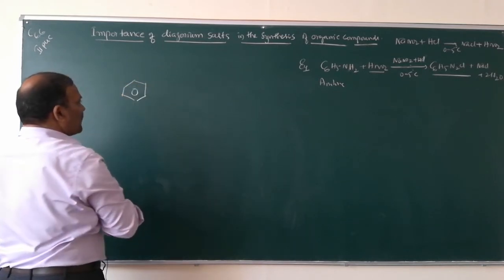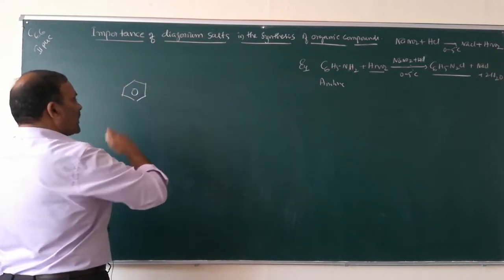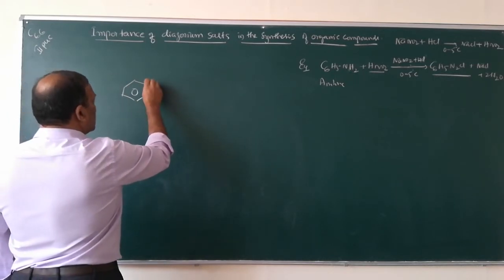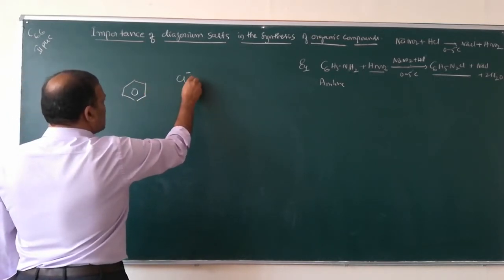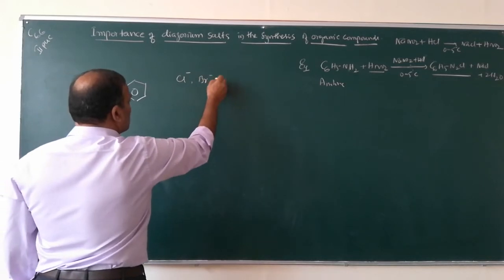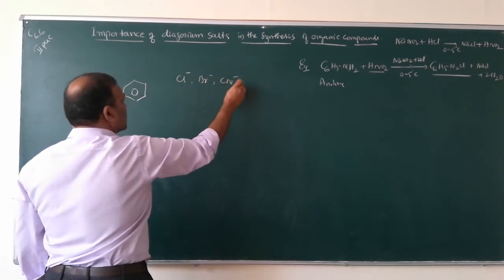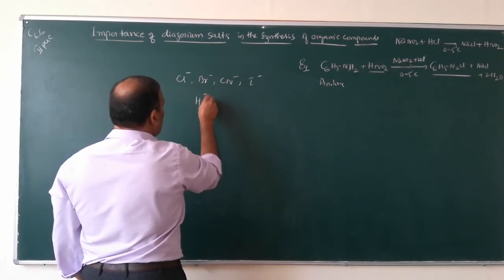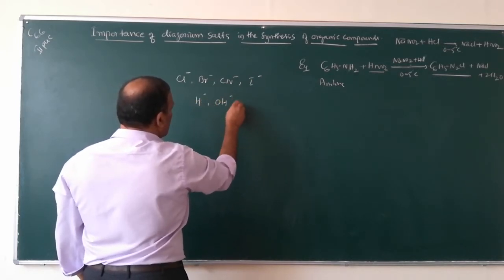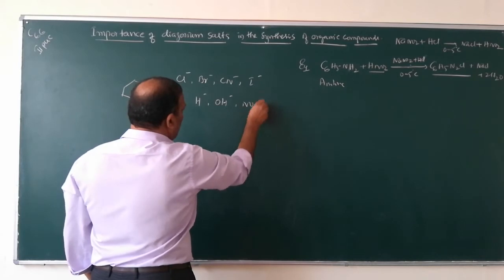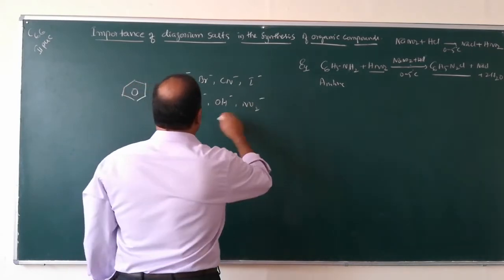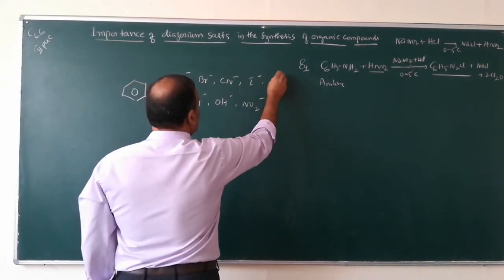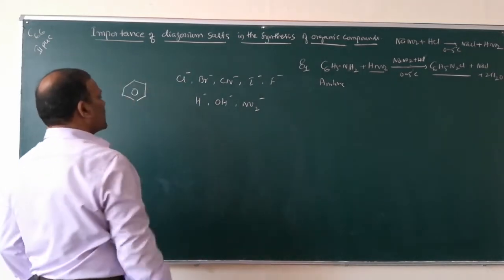So suppose this is the benzene ring. So we can introduce Cl minus, Br minus, CN minus, I minus, H minus, OH minus, NO2 minus and F minus, etc. into the benzene ring.